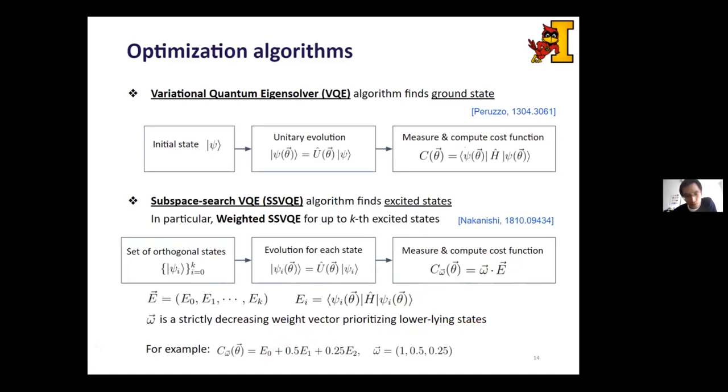So for example, if I set my cost function like this, where the weights are 1, 0.5, and 0.25, then the state corresponding to the weight of 1, which is the highest, will become your ground state, and the state corresponding to the second weight will become your first excited state, and so forth. So in this way, via one optimization loop, we obtain the full spectroscopy of all those states.